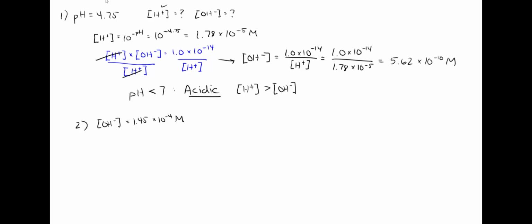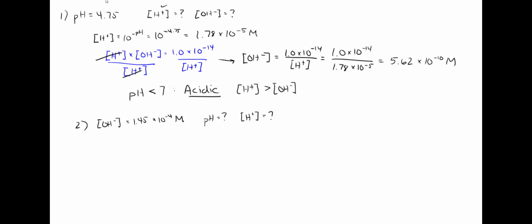So we want to find the other three values. We want to find the pH, and we want to find the proton concentration. Well, which to find first?